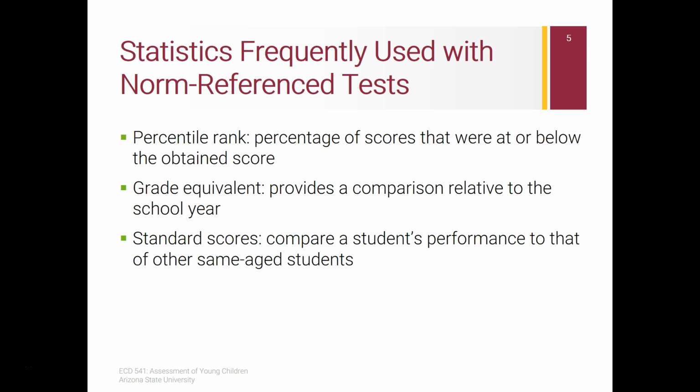Standard scores are used in norm-referenced assessment to compare one student's performance on a test to the performance of other students her age. Standard scores estimate whether students' scores are above average, average, or below average compared to their peers. They also enable comparison of students' scores on different types of tests.